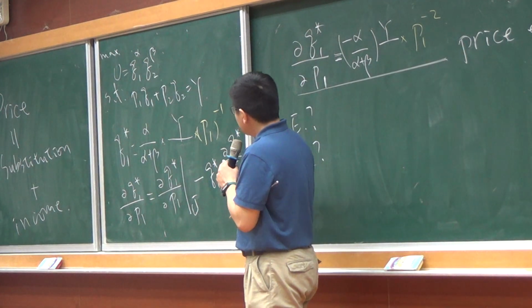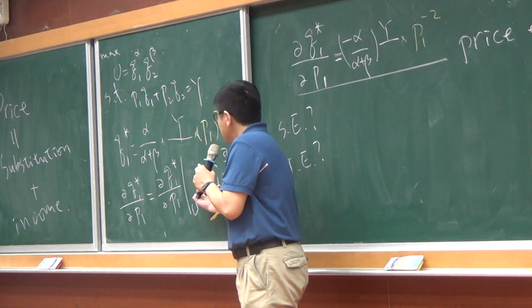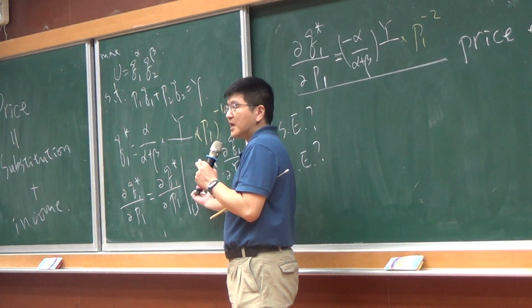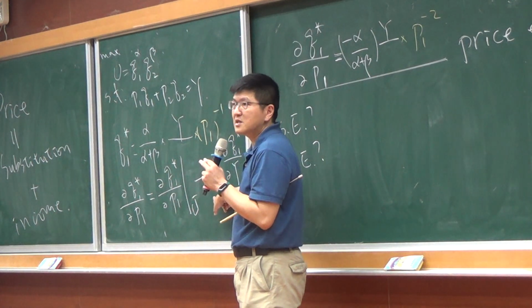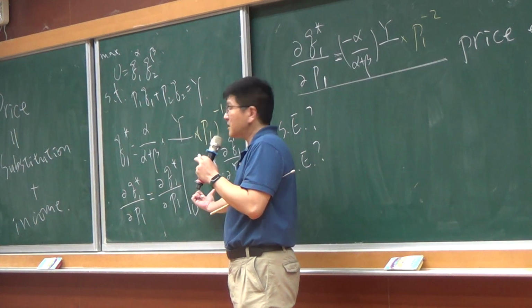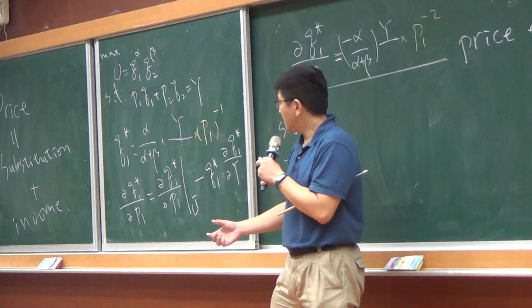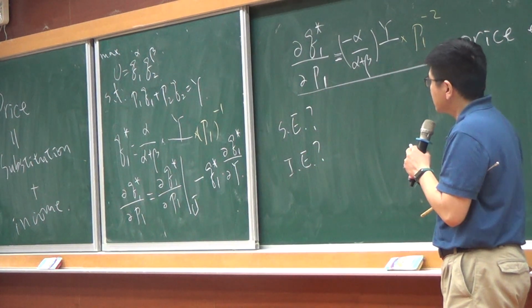This is the effect by each dollar, and this will be the real income cut because we consume this much of the commodity, right? So this is the size of the real income effect.